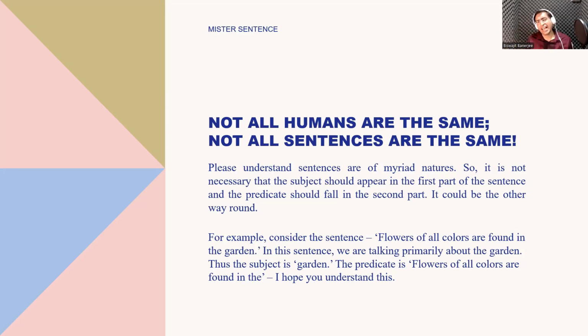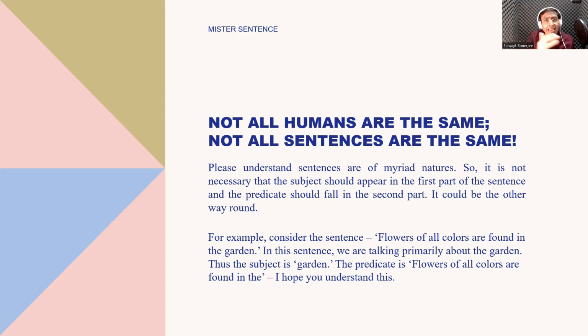Now, please understand, there is not just one absolute way of understanding English sentences. If you ask me, sometimes identifying which part of the sentence is the subject and which part is the predicate is very difficult.